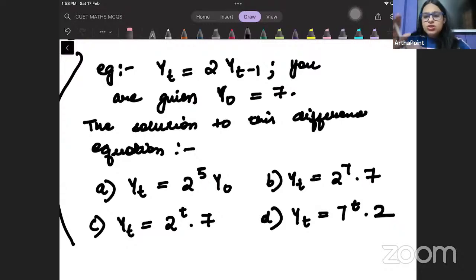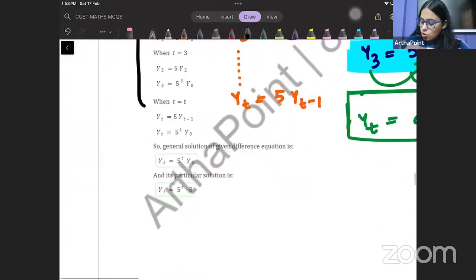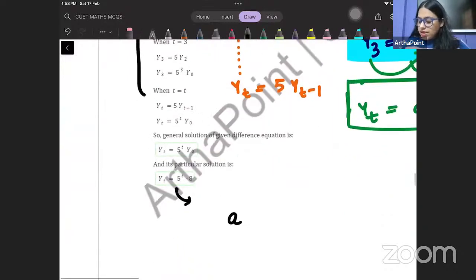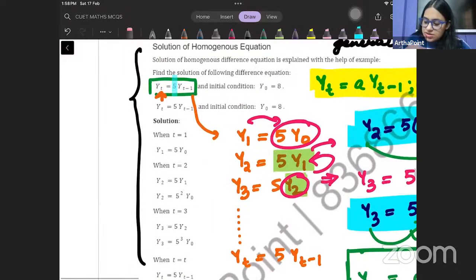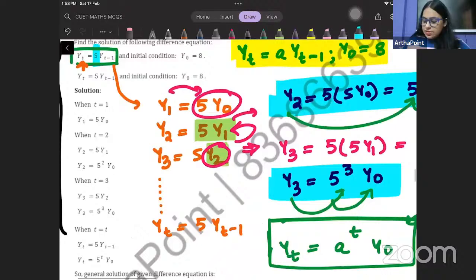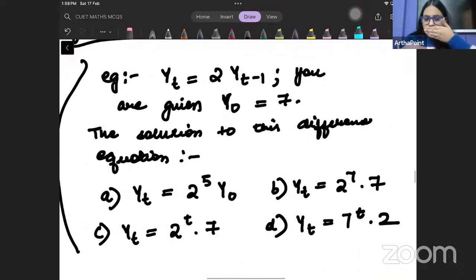तो एक homogeneous difference equation का जो solution है, that solution is of the form a to the power t into y naught is equal to yt, और जहां पे हम clearly बोल सकते हैं that this is nothing but this coefficient. अच्छा, one thing. Suppose they go ahead and they give you something on the time period also. जैसे they say कि हमें yt नहीं निकालना.